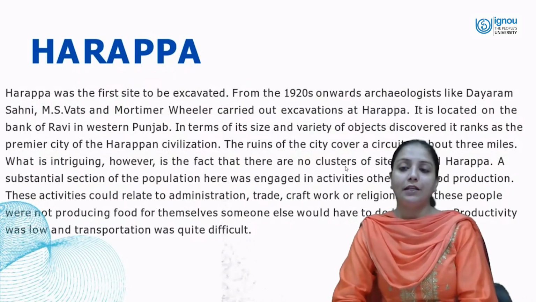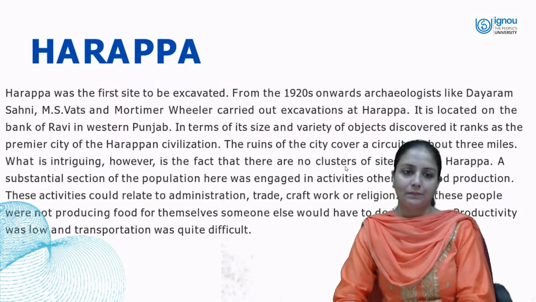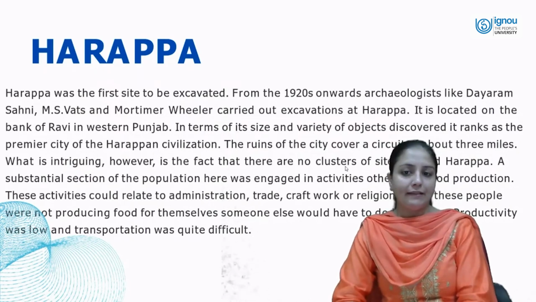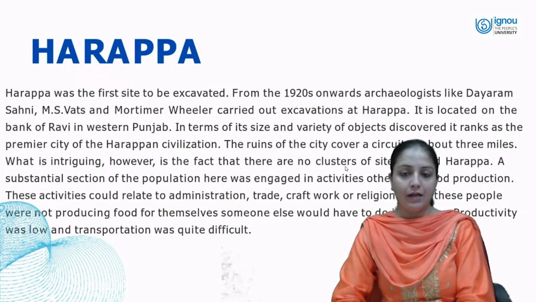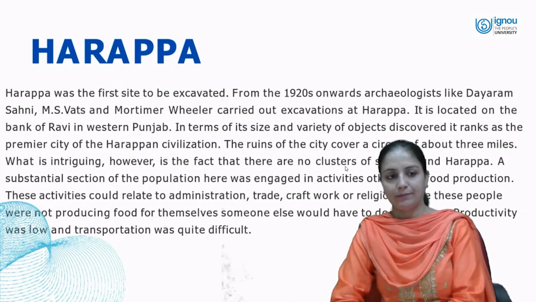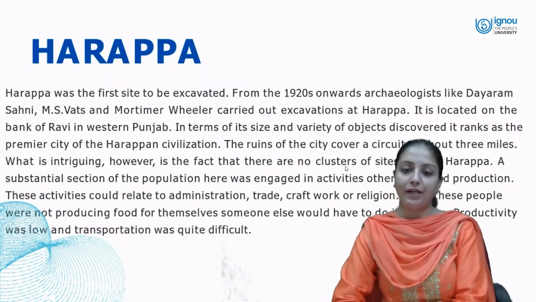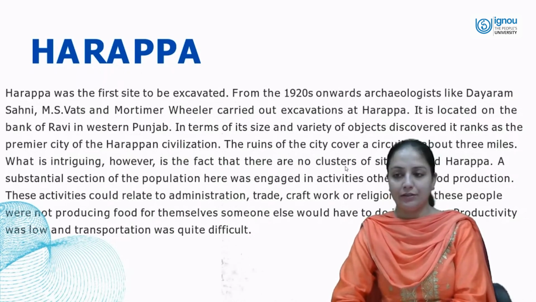The ruins of the city cover a circuit of about 3 miles. There are no clusters of sites around Harappa. A substantial section of the population here was engaged in activities other than food production. These activities could relate to administration, trade, craft work, religion.